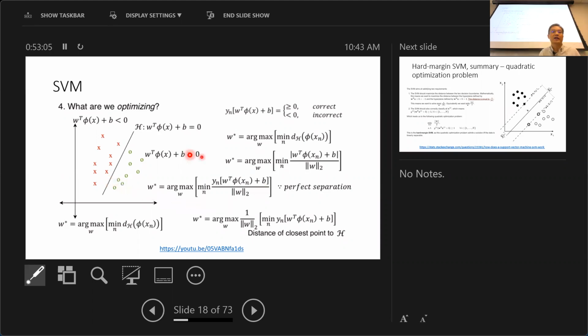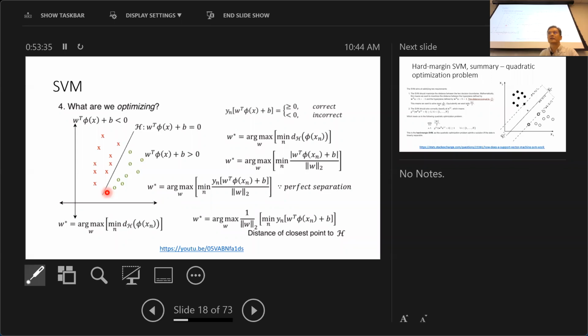And then, after finding the minimum-distance data points, those support vectors, you try to maximize their distance to the line as much as possible. So you find the minimized distance first, and then maximize the margin between the support vectors.